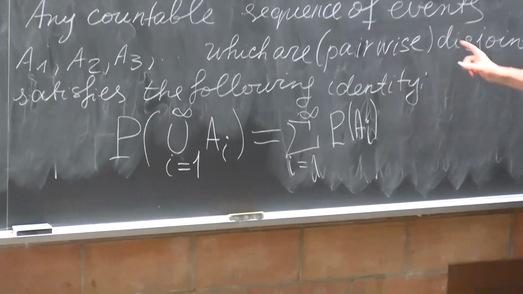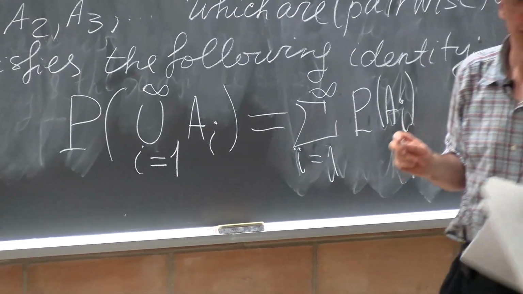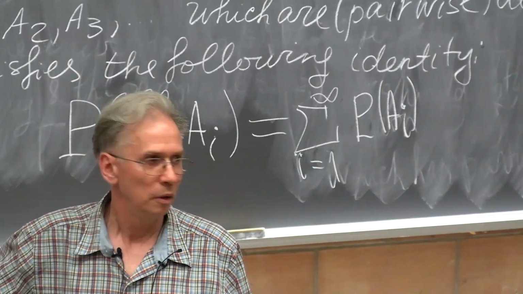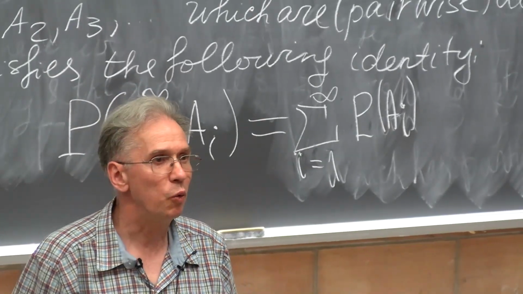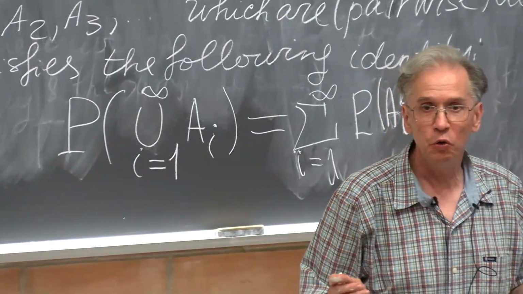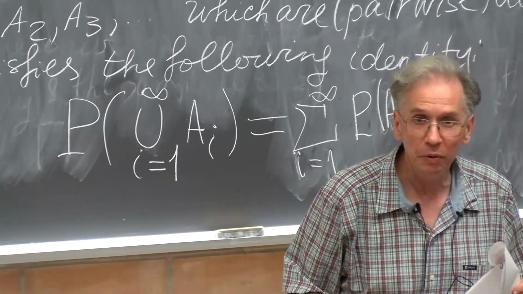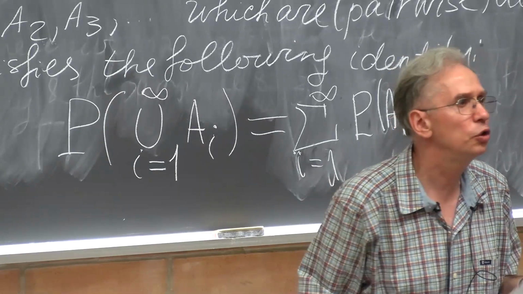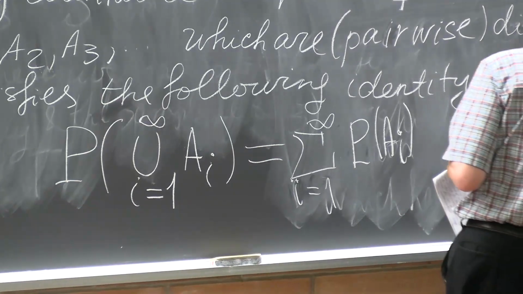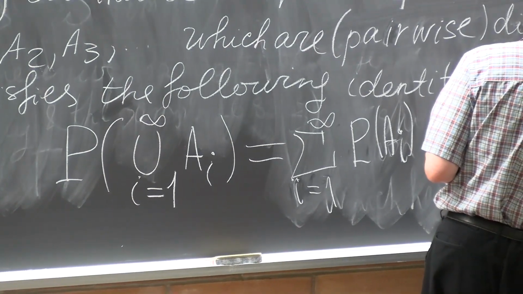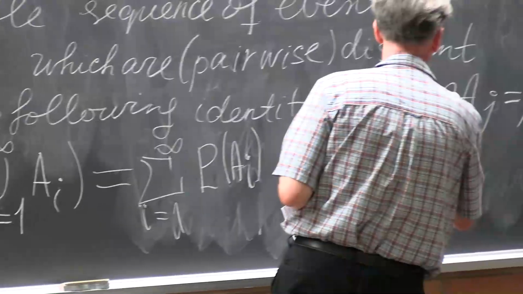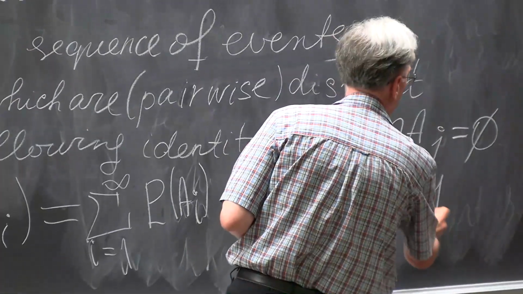Now, I checked the terminology. So in Gnedenko's book, it's pairwise disjoint. So I hope you remember that disjoint events are those which have nothing in common. So often it's called disjoint events. Yes, so this means that A_i intersect A_j is empty for i not equal to j.